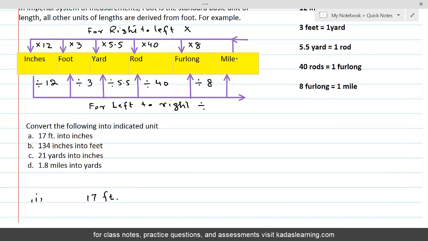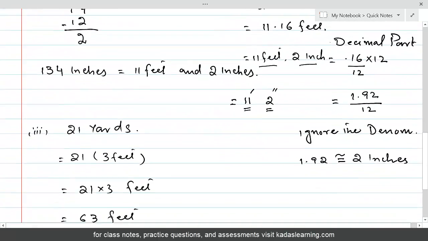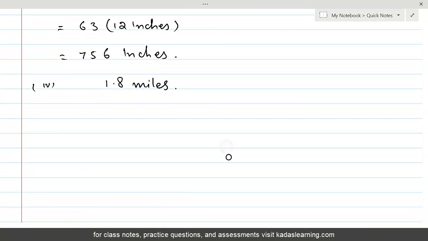Either you can do it in 3 steps, or you can take the product of 8, 40 and 5.5. Whatever number you get, you can simply multiply by that number and your units will be converted from miles to yards. So let's do it again in steps.